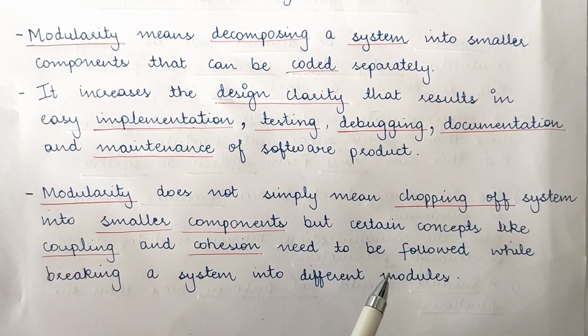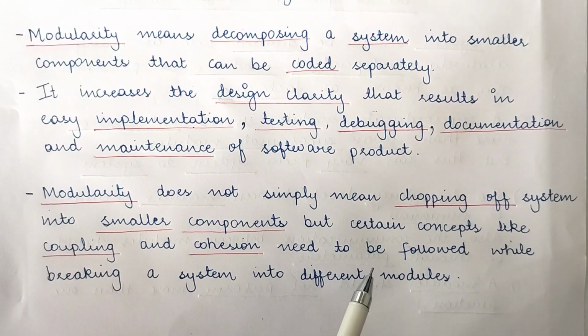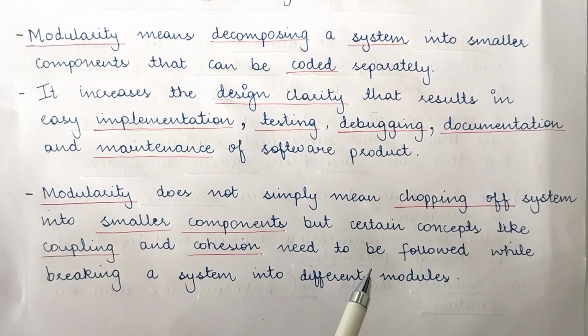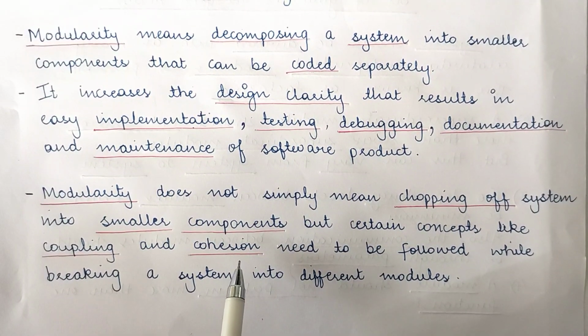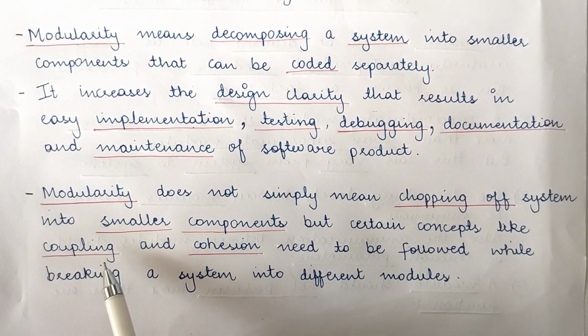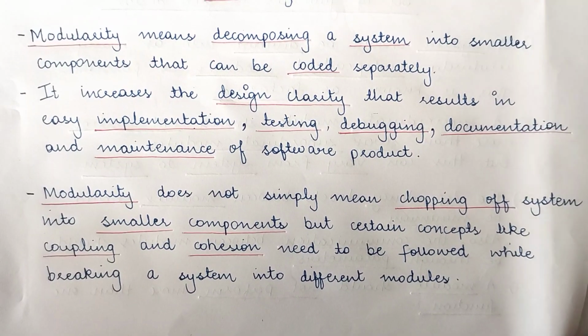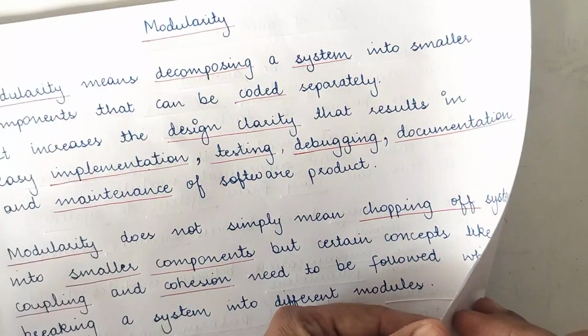That means we do not just simply divide a system into modules without any rule. There are certain rules that have to be followed while dividing the system into its modules, and the two important principles for division of a system into various modules are coupling and cohesion, which we will study in the upcoming session.